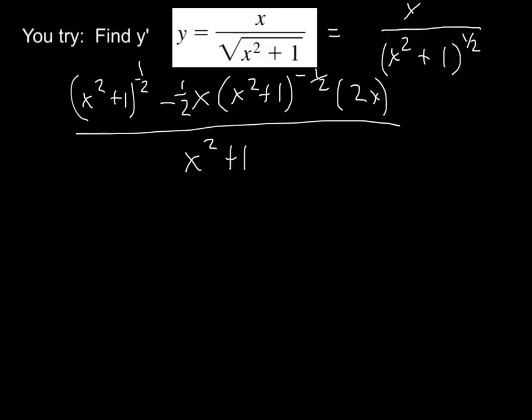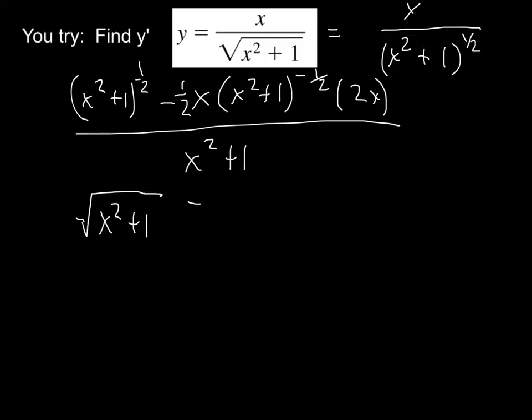Okay, so let's rewrite this to be the square root of x squared plus 1 minus 2 times 1/2 is, I'm looking at these values, 1/2 times 2, those go away.